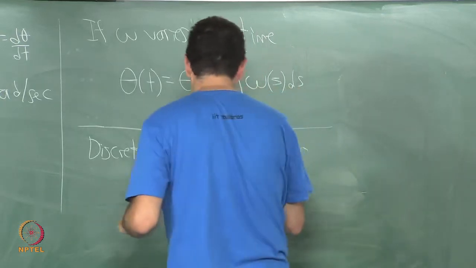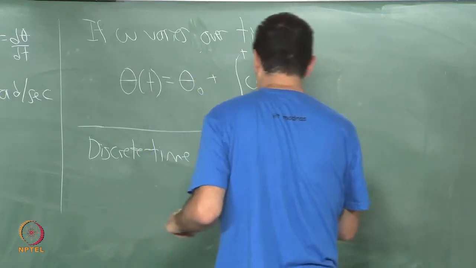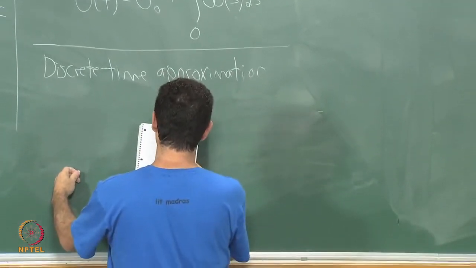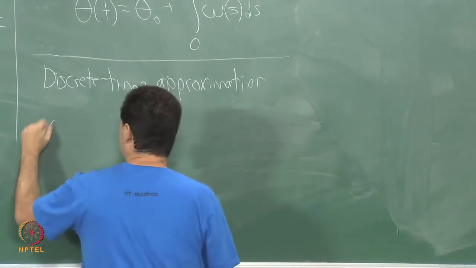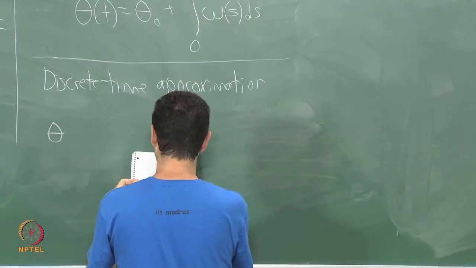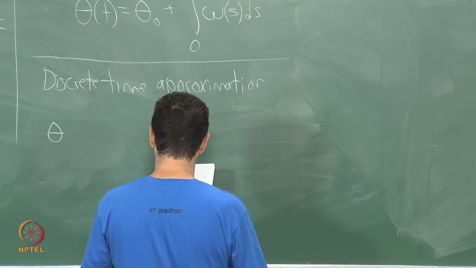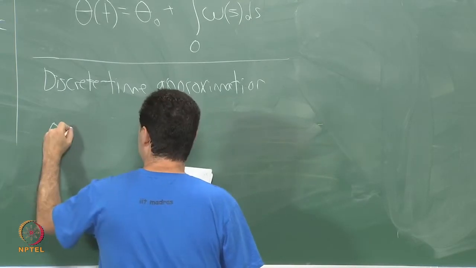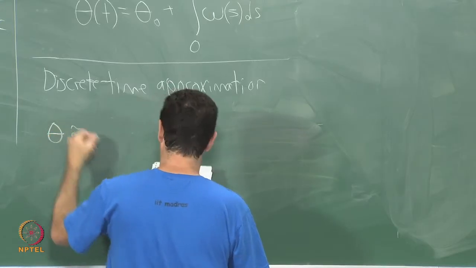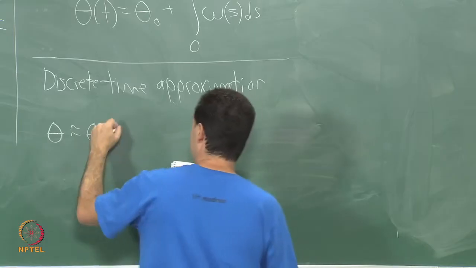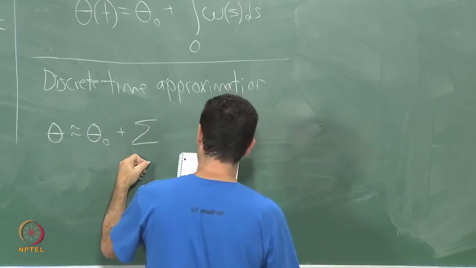So all right. So of course what we do in actual computation is we make a discrete time approximation and if that's the case, then we end up with something like the following. We may say that theta is approximately equal to theta 0 plus a sum.